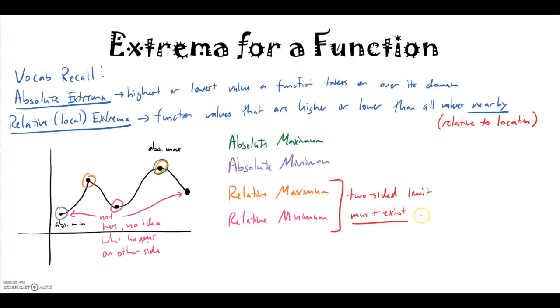That's the only way we can know if the values are higher or lower than everything nearby. So it must have a two-sided limit around these points. As opposed to absolute max and min, those can be endpoints. They don't require a two-sided limit. Relative extrema, no endpoints.